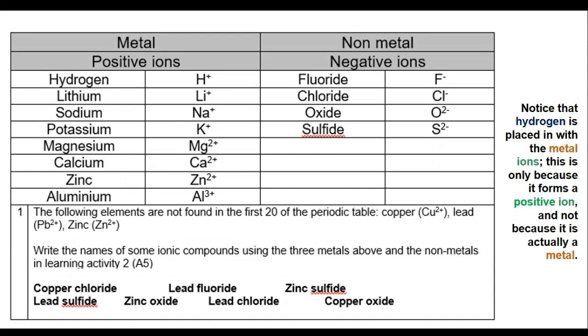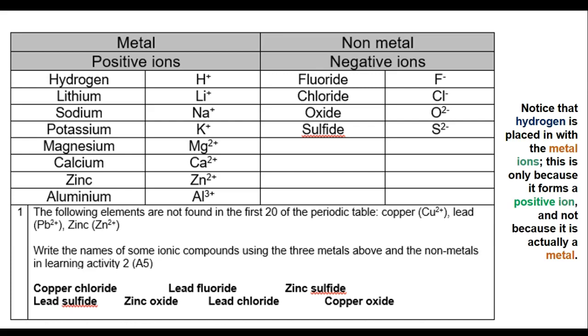Okay, so these are examples of some of the answers that you should have. Using copper, lead and zinc to make some ionic compounds, we have some examples: copper chloride, lead fluoride, zinc sulfide, lead sulfide, zinc oxide, lead chloride and copper oxide.